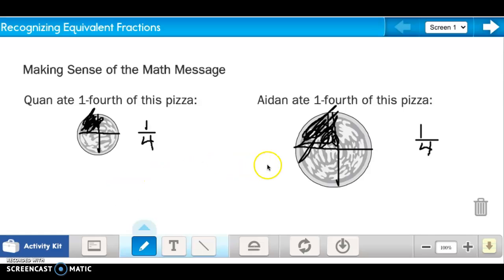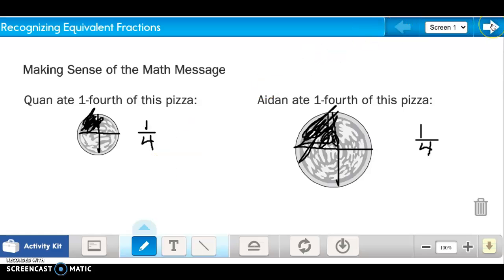So this is a bigger pizza. So a fourth of this pizza is bigger than a fourth of this pizza because this pizza is smaller. So no, they are not the same. Even though a fourth and a fourth is the same, if they're not the same size, then the slices are not the same.